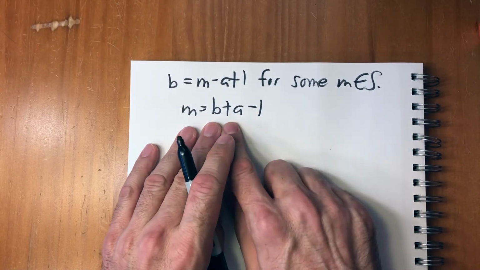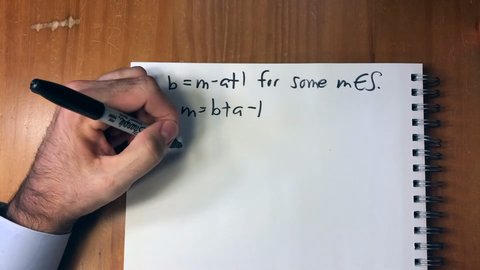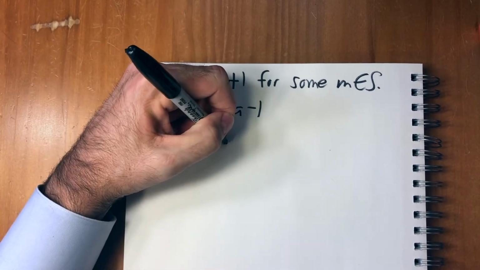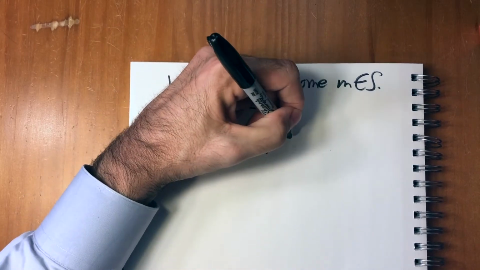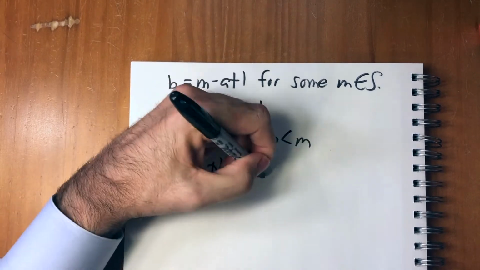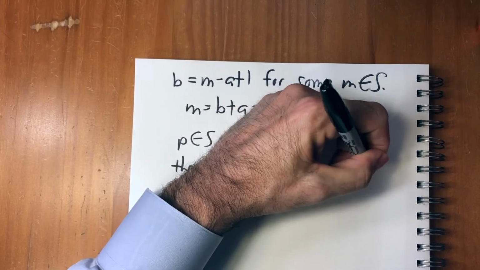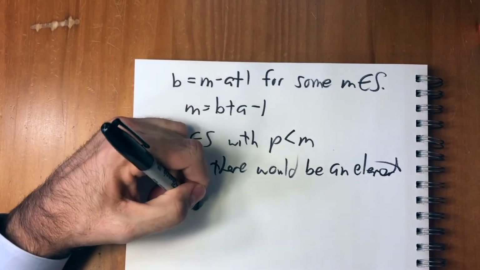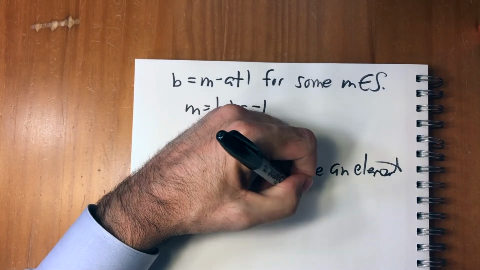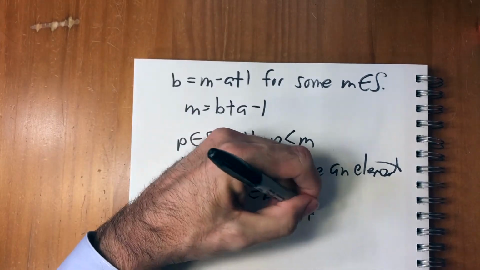Because if we think about it for a second, if there existed another element of S, so say there was an element p of S with p less than m, then there would be an element of B, an element c, where c equals p minus a plus 1.